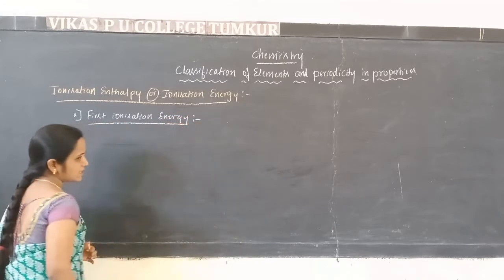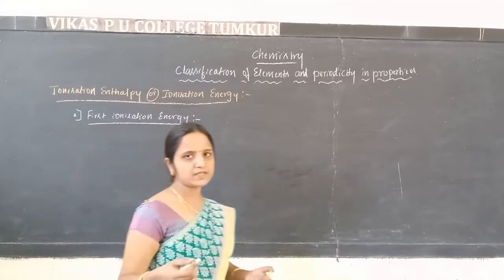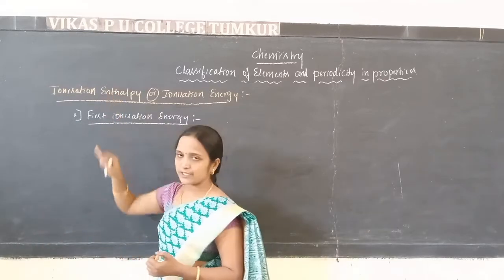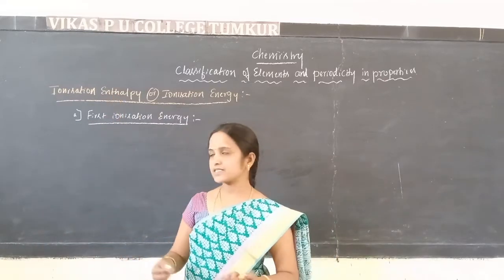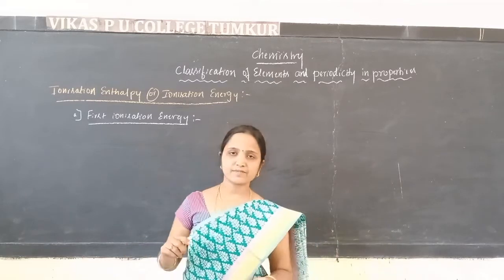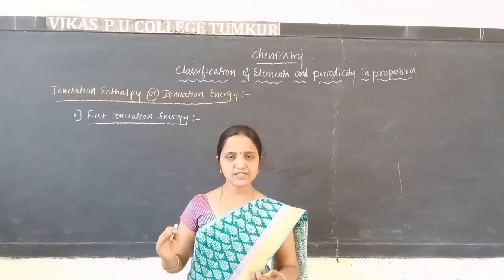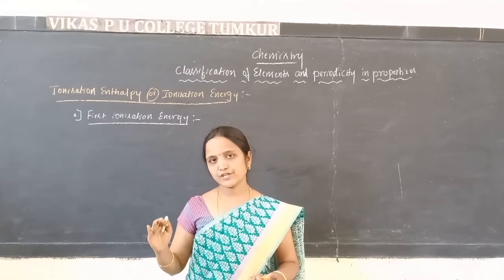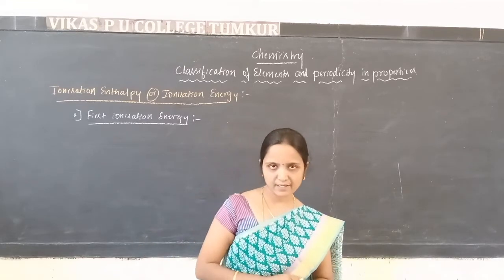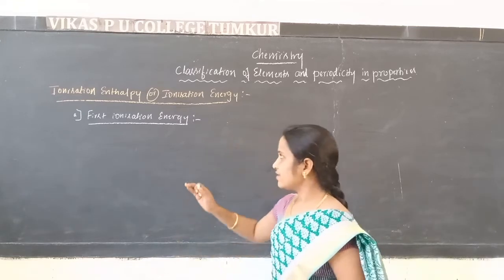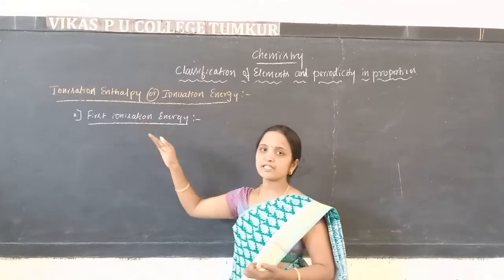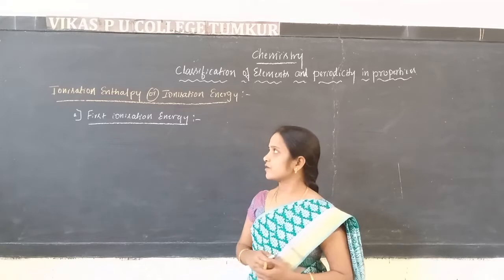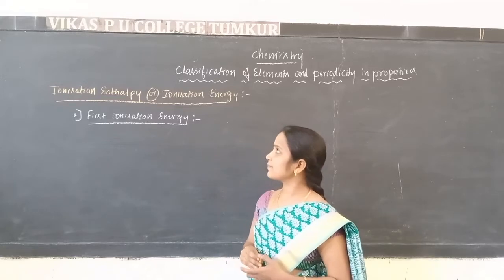The same definition we can give for the first ionization energy: the amount of energy required to remove the electron from the outermost shell of the neutral gaseous atom is called the first ionization energy. It is also called ionization enthalpy.